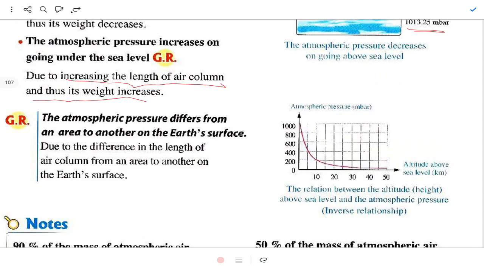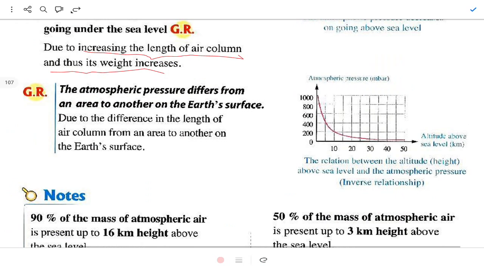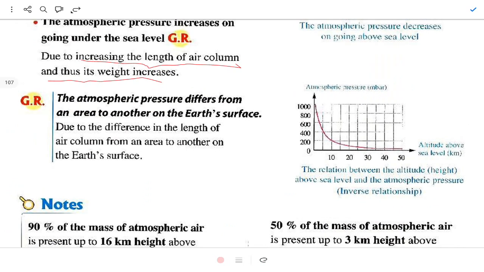The last question in this point: the atmospheric pressure differs from an area to another on the Earth's surface due to the difference in the length of the air column from one area to another. So you have this mountain, and this sea, and this high mountain, small mountain.